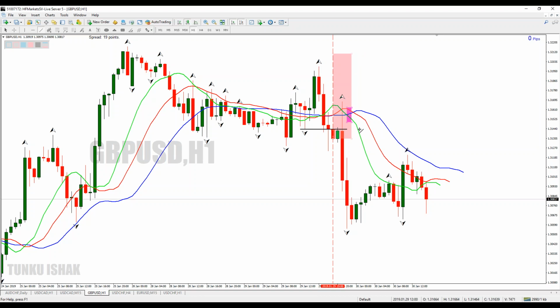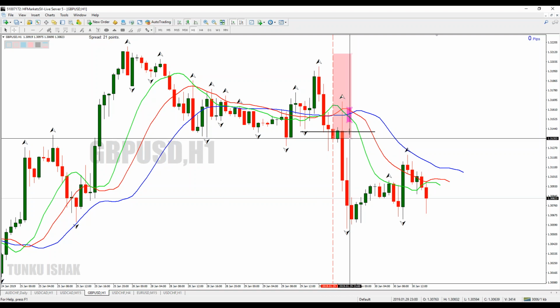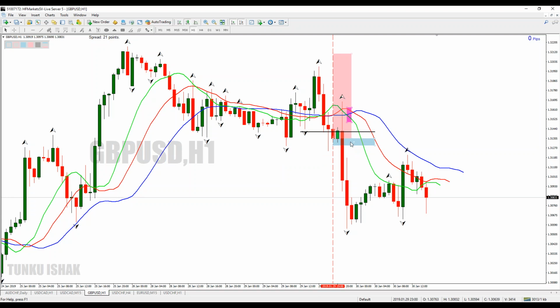This is my support that has been broken before. Okay. So my risk is about 75 pips. So I try to gain at least 75 pips.